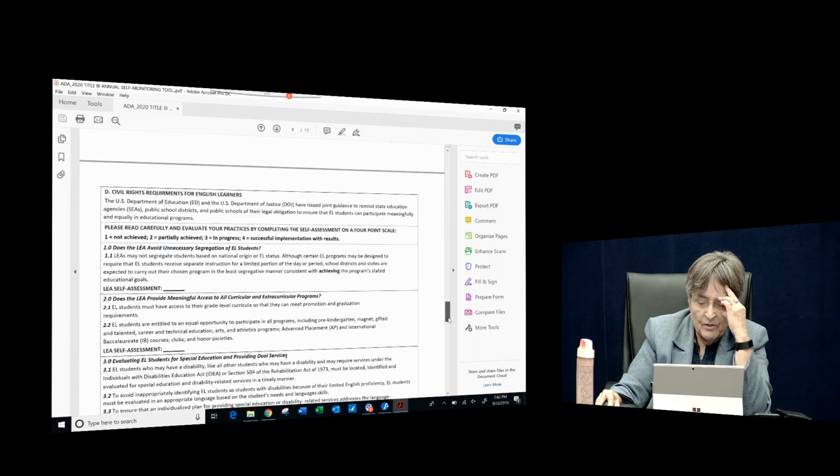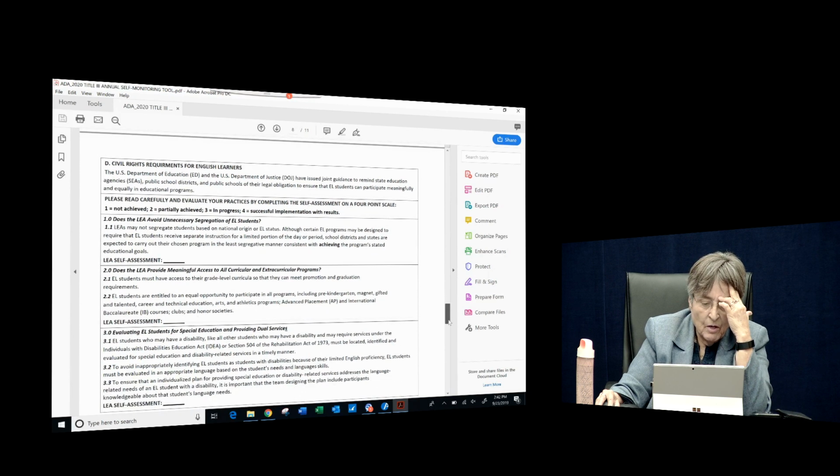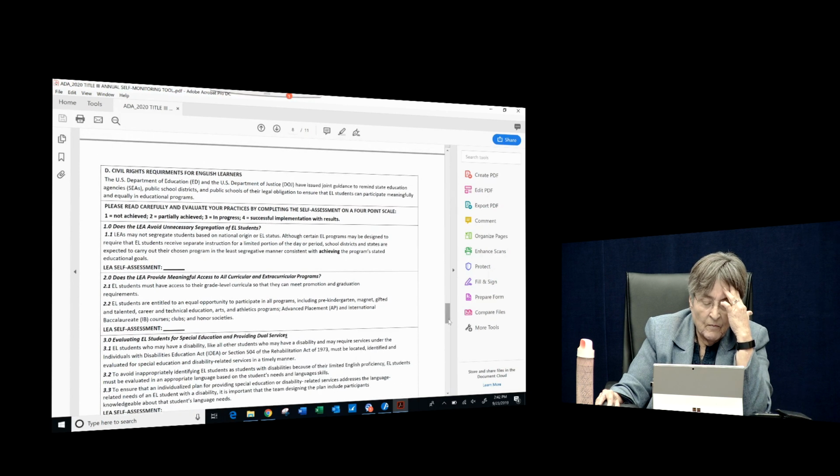Here are all the civil rights requirements for English learners. I put 1, not achieved, partially achieved, in progress, successful implementation with results.